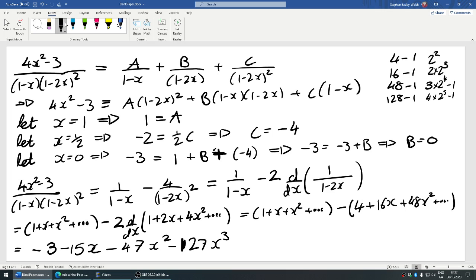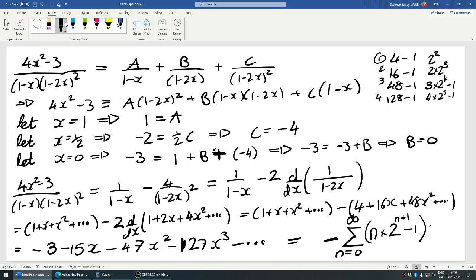And this is first one, second one, third one, fourth one. So if I was to try and get the formula here, it would equal minus the sum from 0 to infinity n times 2 power n plus 1 minus 1 times x.